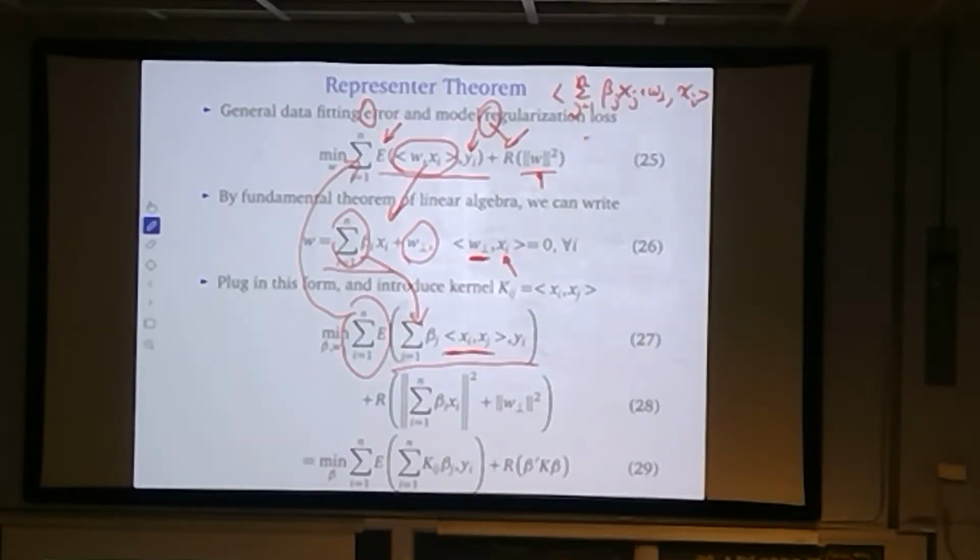I can take the sigma out, and you have beta j, xj and xi, and then a term which is the inner product of the null space component and xi. According to the definition of the null space, this doesn't contribute to the prediction, so this will be 0.